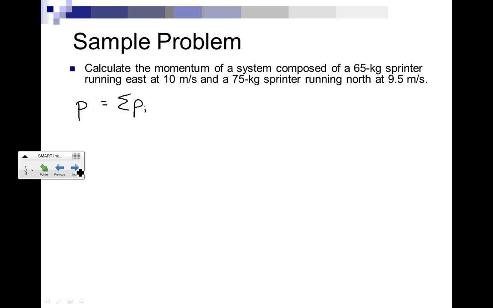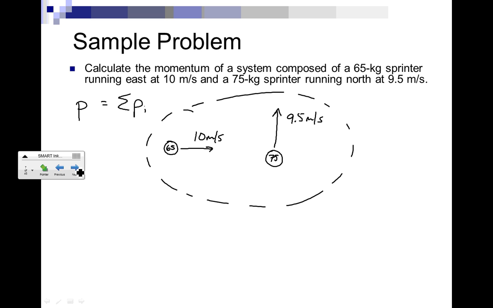We have a 65 kilogram sprinter, represented by a ball, running east at 10 meters per second. We also have a 75 kilogram sprinter running north at 9.5 meters per second. So what is the momentum of the entire system?